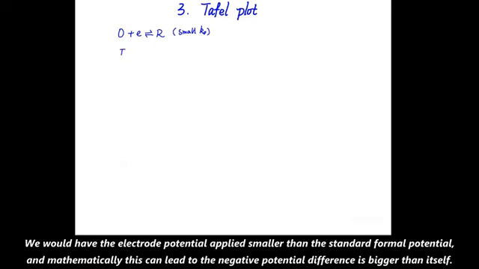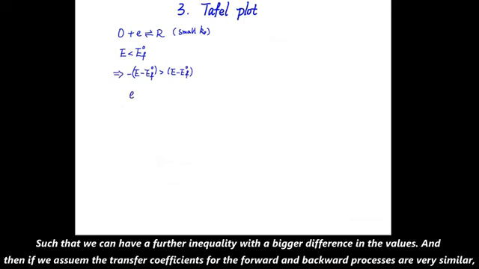We would have the electrode potential applied smaller than the standard formal potential, and mathematically this leads to the negative potential difference being bigger than itself, such that we have a further inequality with a bigger difference in the values.